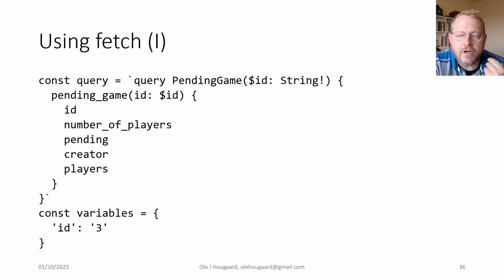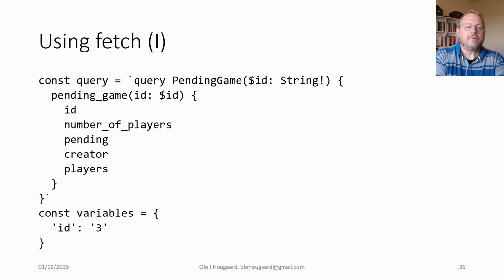But once you start using variables, you will find that you'll need to get stuff like this to work. I said variables because that's what it's called when you call it, but in reality, of course, it's parameters.